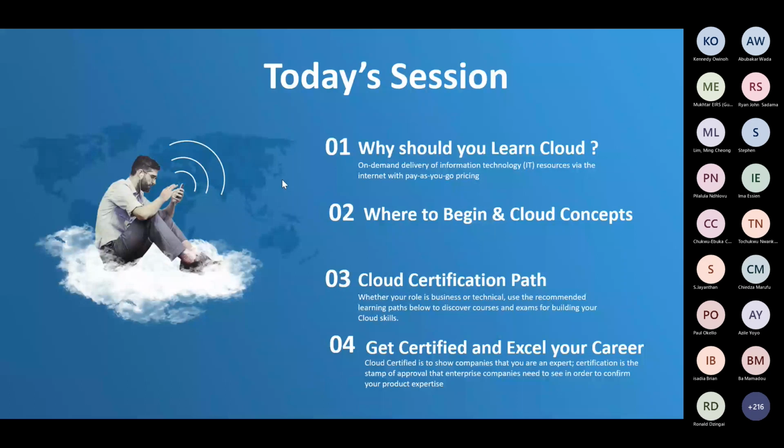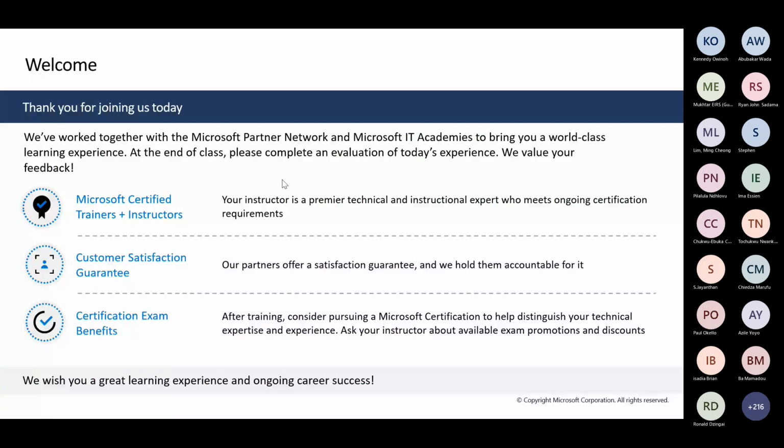About me: my name is Robin. I'm working as a Microsoft Certified Trainer with overall experience of 15 years. I started my journey around 2005, 2006 with Microsoft Windows NT, then moved to Windows Server 2003, 2008. Right now I handle all Microsoft 2022 products and take care of multi-cloud, meaning Azure, AWS, Google, and other cloud products, but my focus area is the Microsoft side.